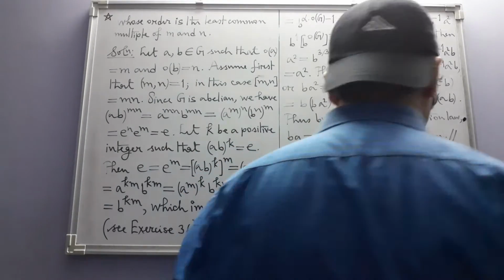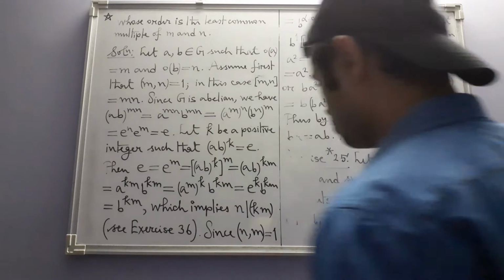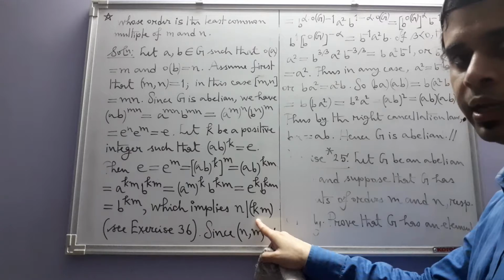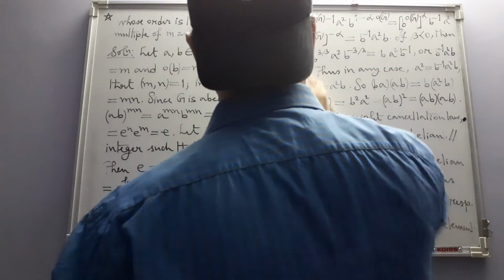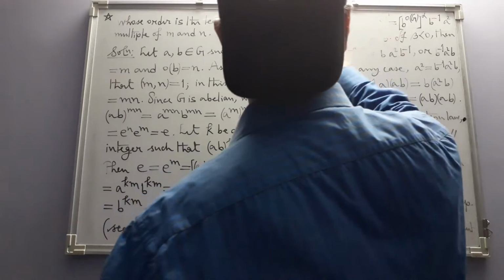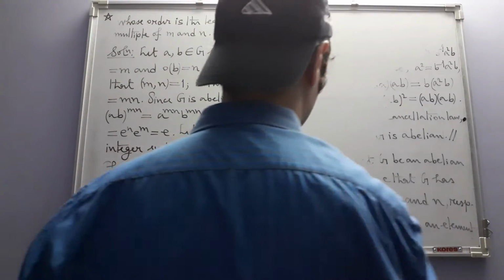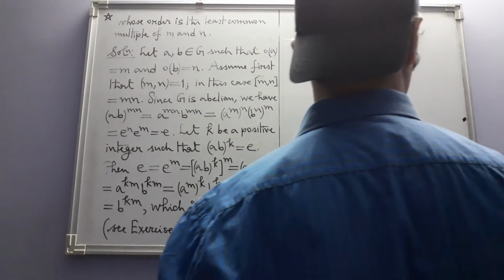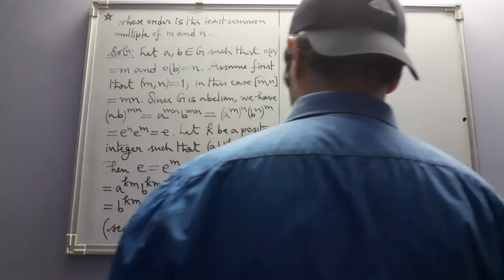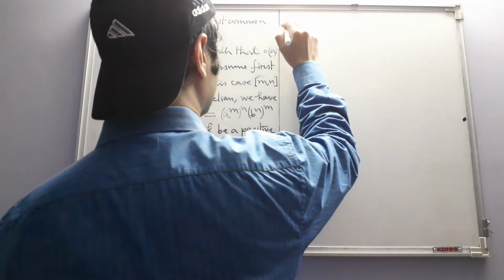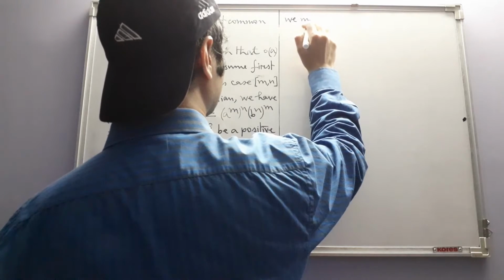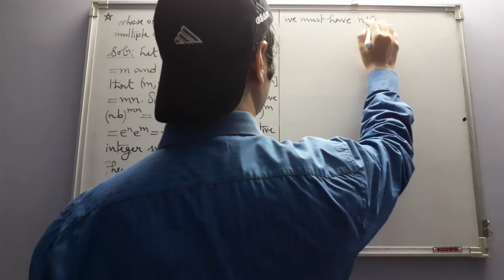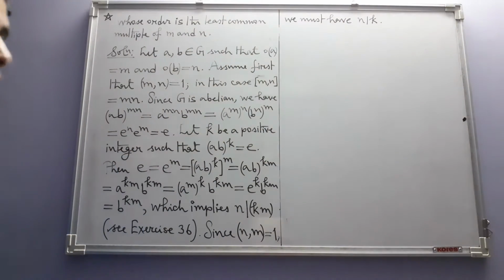Since n and m are relatively prime, from this divisibility relation we can conclude that n divides k. n has to divide k.